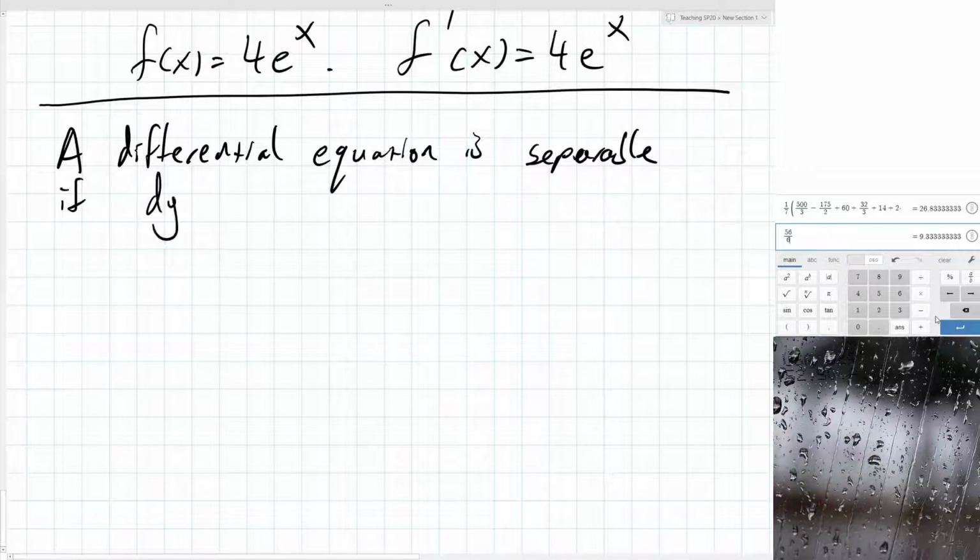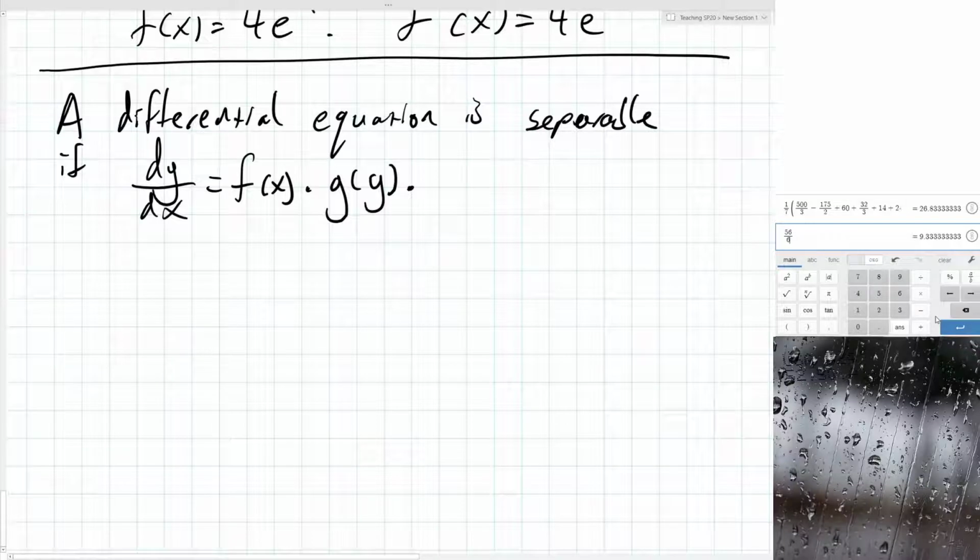dy over dx is equal to f of x times g of y. In other words, it's separable if we can write it as two separate functions. One function of x times one function of y.